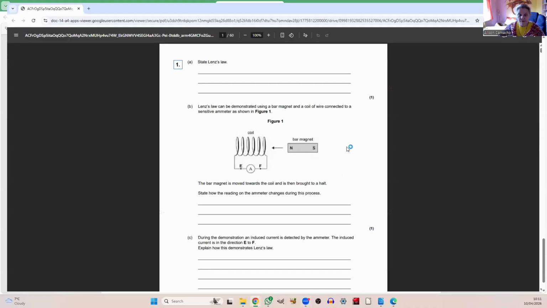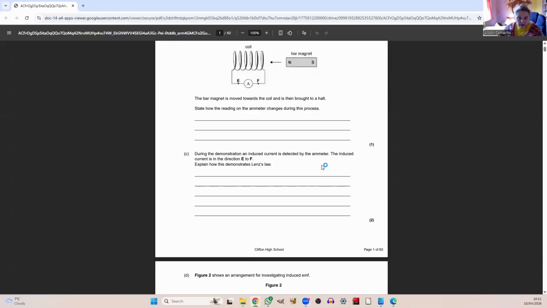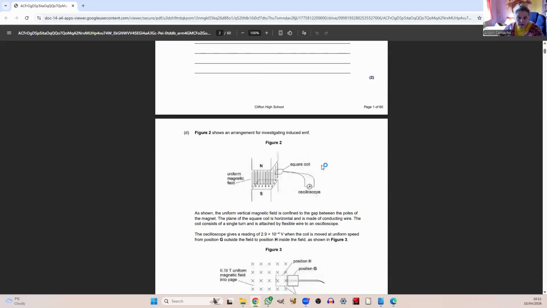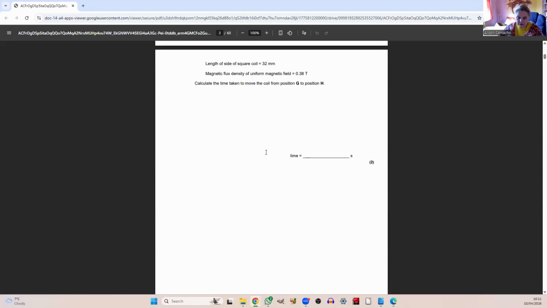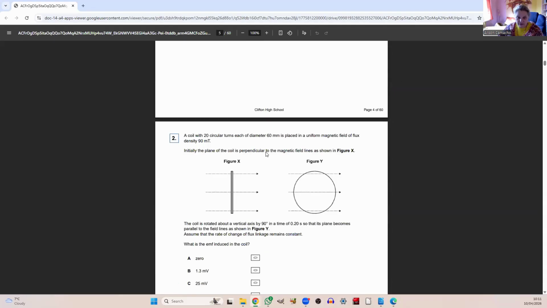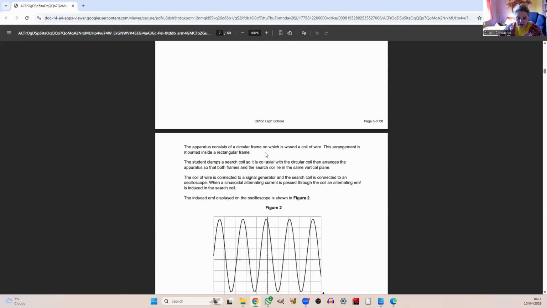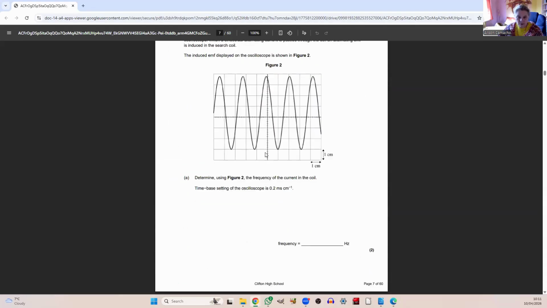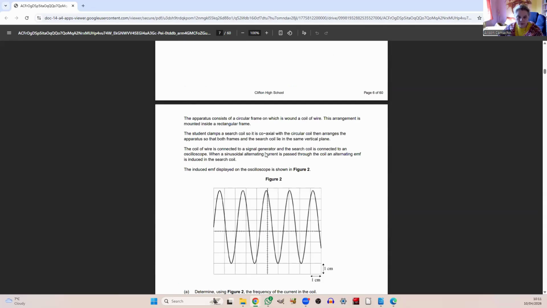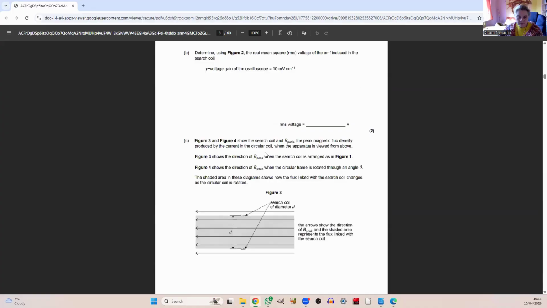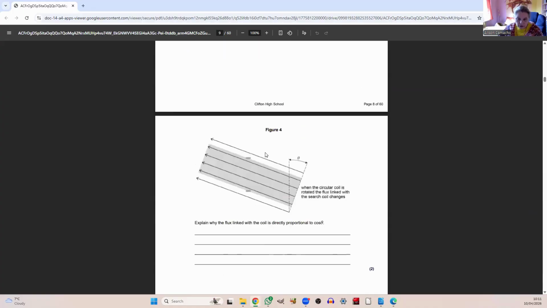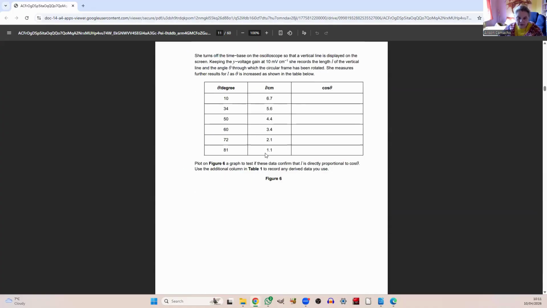Maximize that. Okay. This question is quite tricky, but let's do one that is a rotating one. Let's start with a more straightforward one.